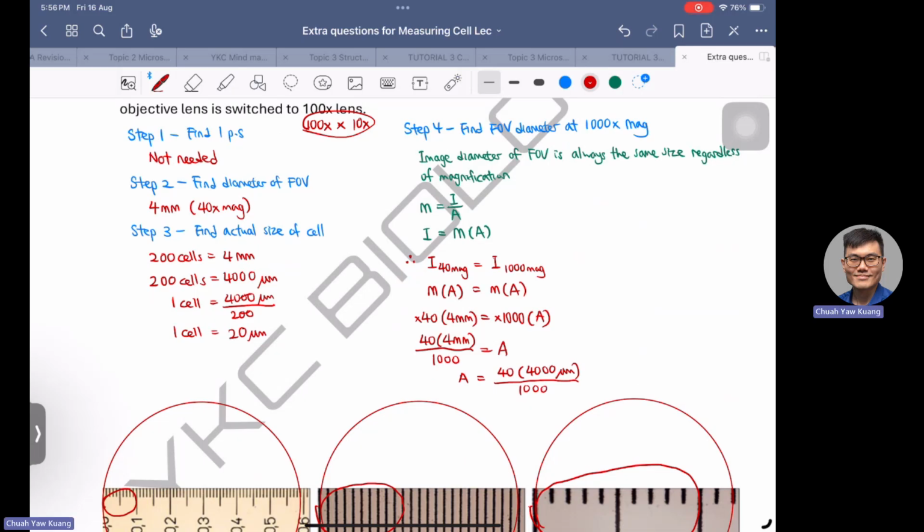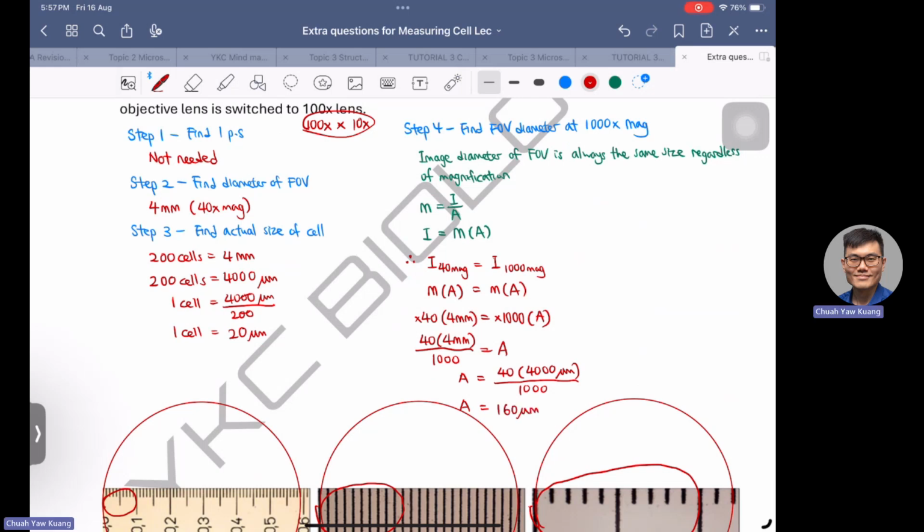So the actual diameter of the FOV equals 40 times 4000 divided by 1000, which is 160 micrometer.